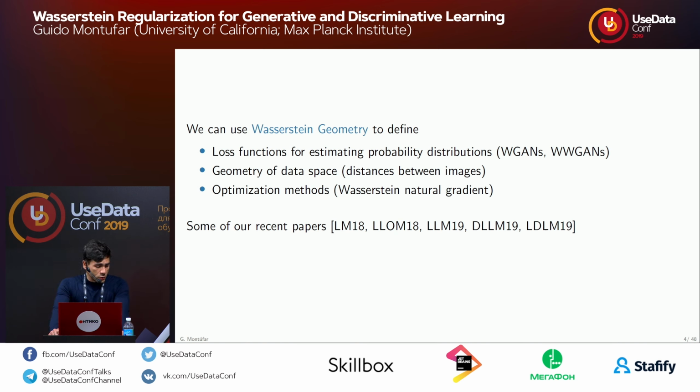And it allows us to discuss the geometry of the data space, such as, for example, to think about distances between images, and also to define optimization methods, although today I will not talk so much about the optimization methods themselves. There is a series of recent papers that we had on the subject, and if you later after the talk want to take a look, here is a list of references for you.